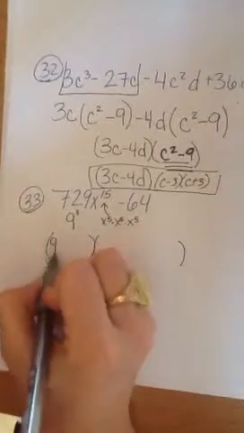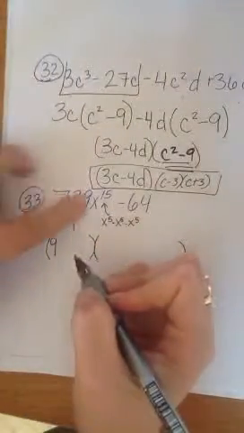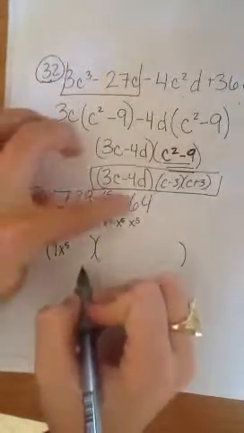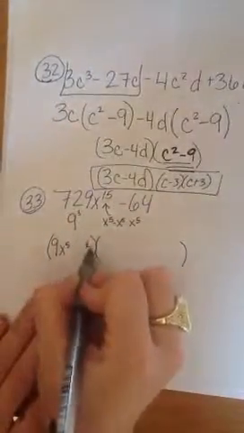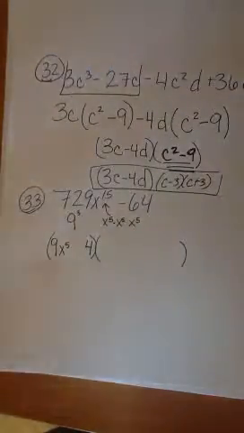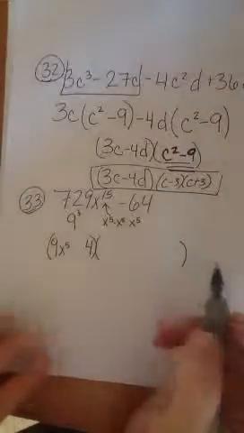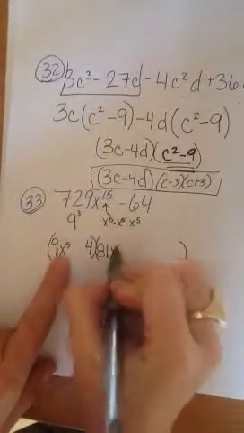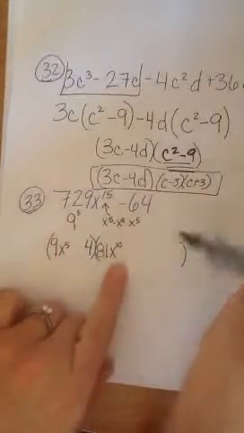So you put the 9 first, because 729 came first, then your x to the 5th, cubed root of 64 is 4. Be careful there, do not put an 8. Cubed roots here. Now, 9 squared is 81, so put that there.